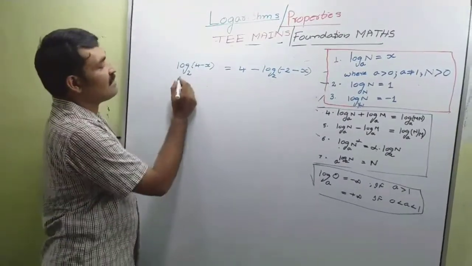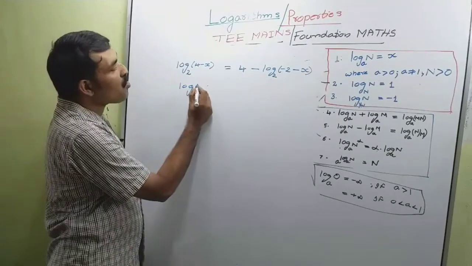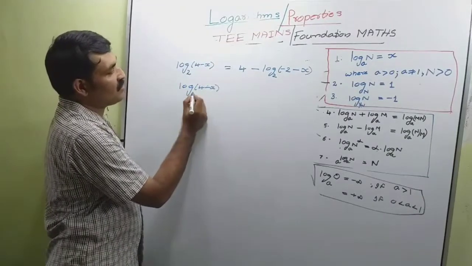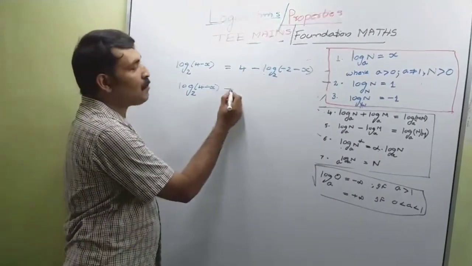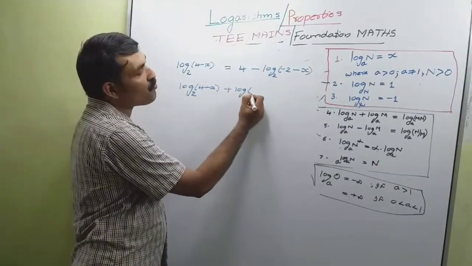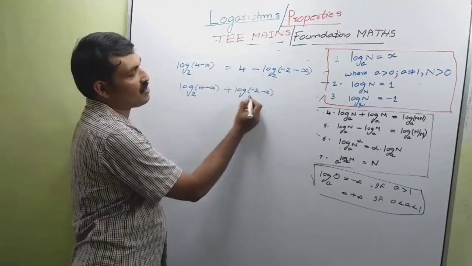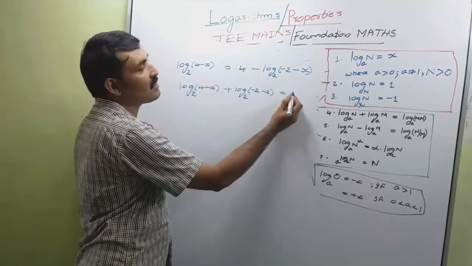So, we can write this as log of 4 minus x to the base 2. This term can be taken to the LHS, plus log of minus 2 minus x to the base 2, that is equal to 4.